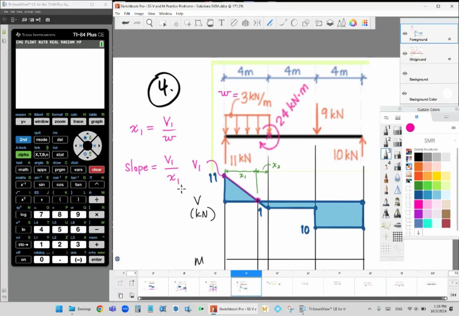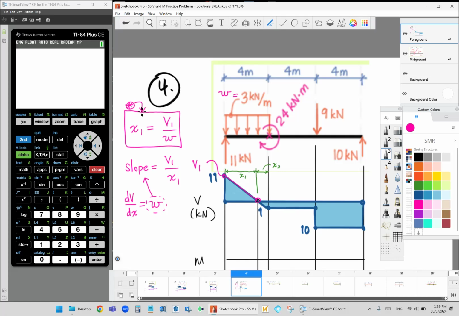And I also know that the slope of the shear diagram is the derivative of the shear diagram with respect to X, and by definition, that gets me back to my loading diagram. So I plug in W here and rearrange to get that. Take a look at those steps: plug in W for slope, rearrange. This is a good little relationship to keep in your back pocket.